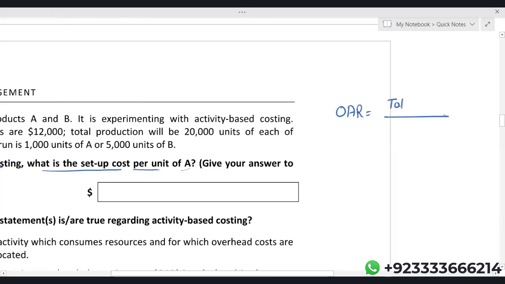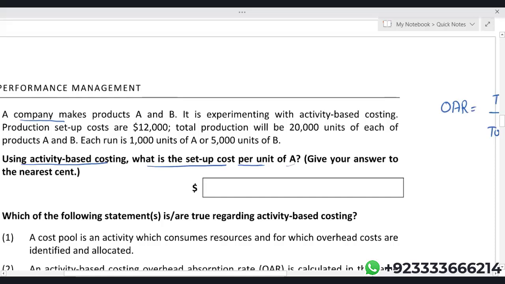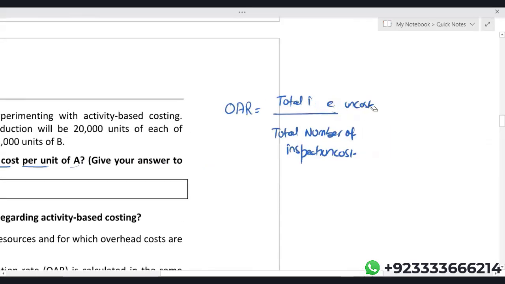We need total inspection cost divided by total number of inspections, which gives the per inspection rate. No, it's not about inspection. They're talking about setups. So total setup cost divided by total number of setups.